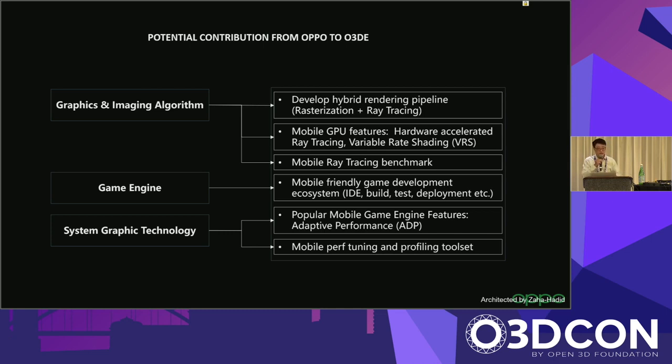Like if it's overheating, or there's other throttling situation, we can reduce some details of the rendering. Also, the last thing, perf tuning and profiling toolset. That's quite important for mobile developers as well. If you don't tune the performance, you cannot play on your phone.